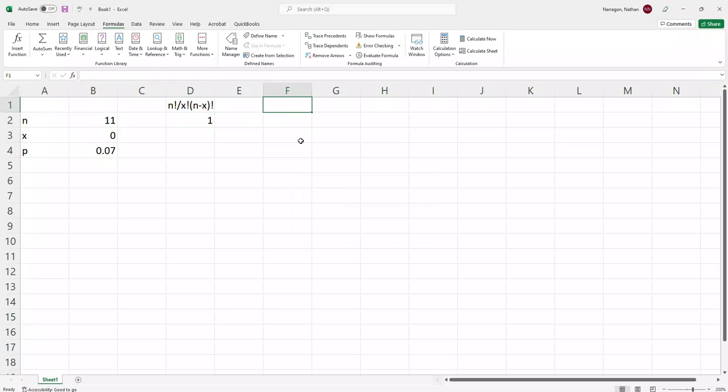Next part of this formula, we're going to take the probability percentage and raise it to the power of x. So p to the x. So equals, and again, this is an exponent, so I have to use the POWER formula. Take our p, then hit comma, and then select our power, which is x. Close, and there's our answer.